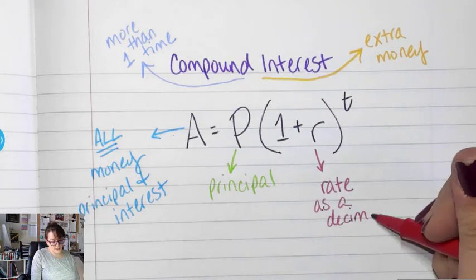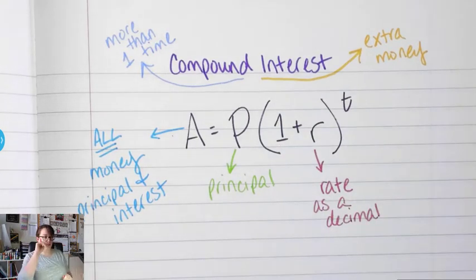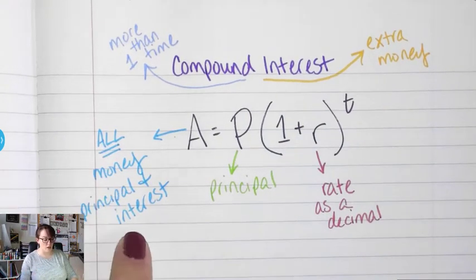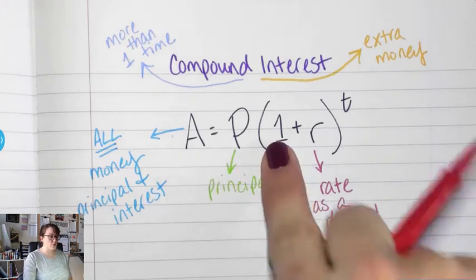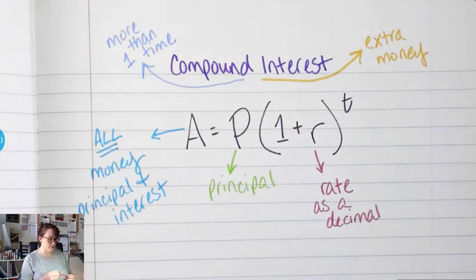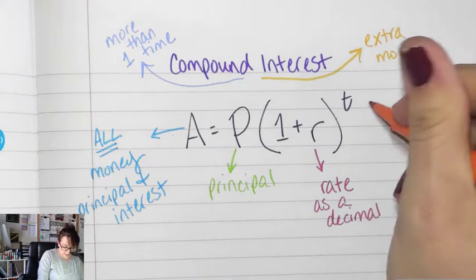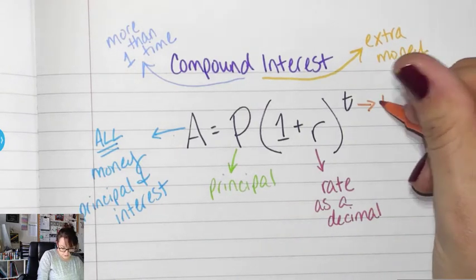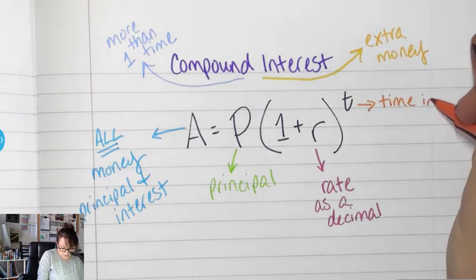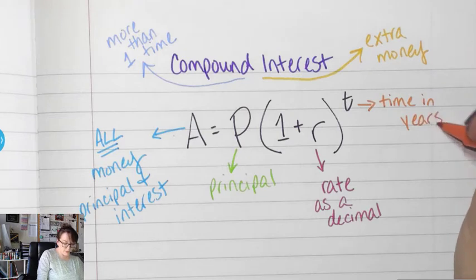For this one, this is just the number 1 because we want to find all the money, so it's 100 and something percent. And then T is time, time in years. Now this is an exponent.